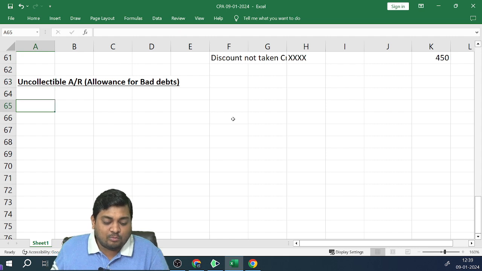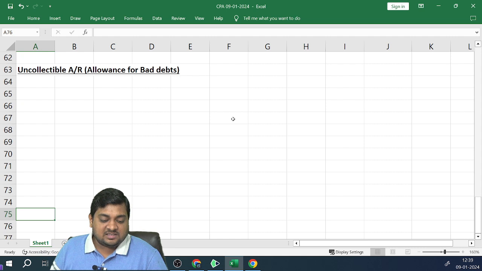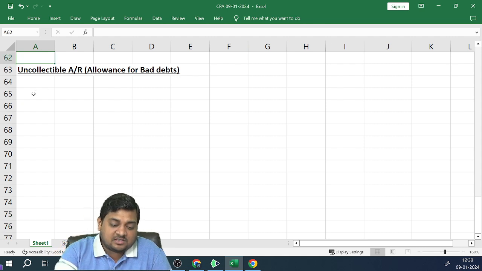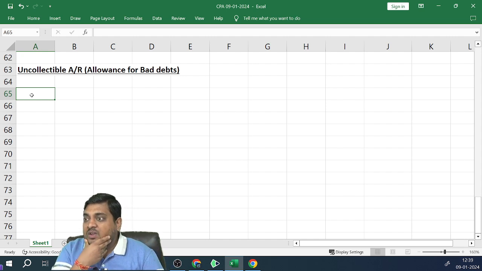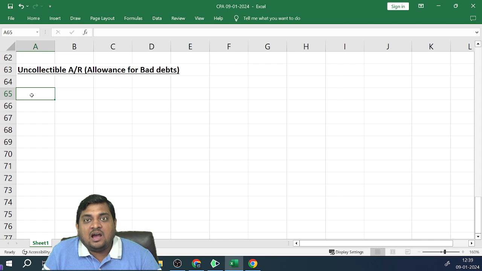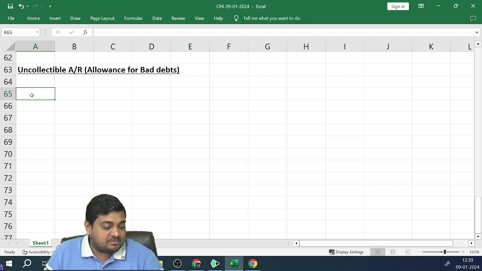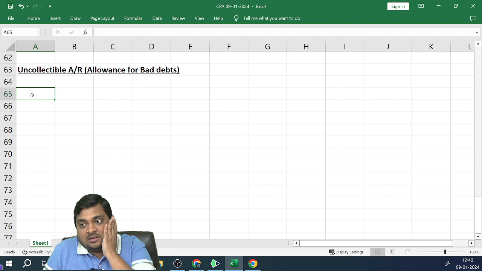Now, there are two methods. One is the allowance method, another one is the direct method. Now, at the very first class of financial accounting and reporting for this CPA course, I have already told you that whenever we draft any accounts, we need to draft it as per GAAP, Generally Accepted Accounting Principles, followed in the US, for the US entities, right?